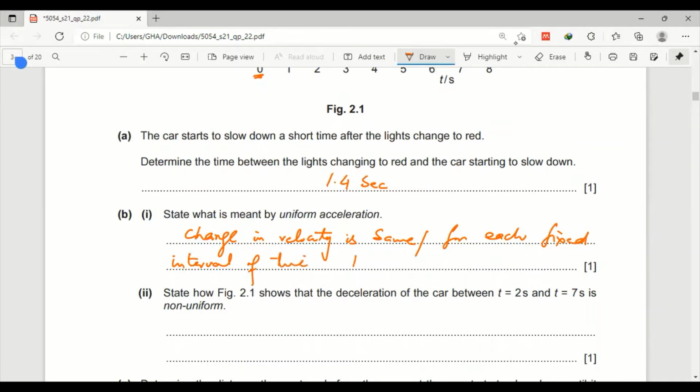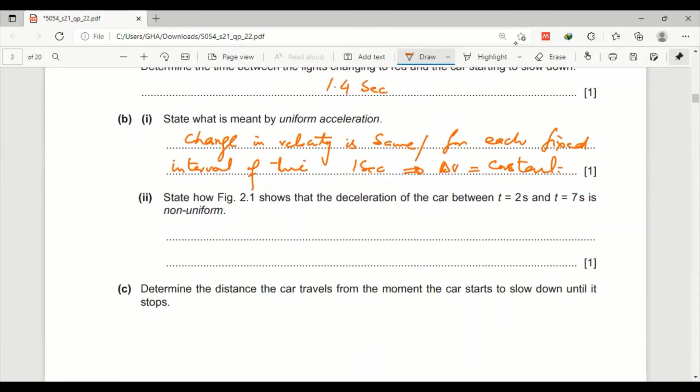Meaning in every second, the change in the velocity is constant. In every second, if the velocity is changing uniformly, then this is a uniform acceleration.